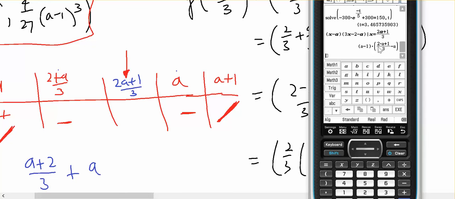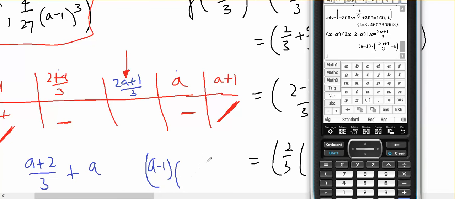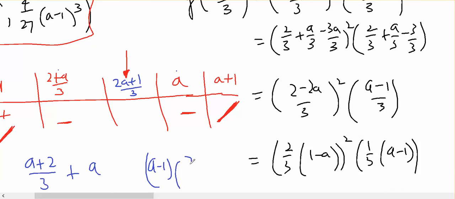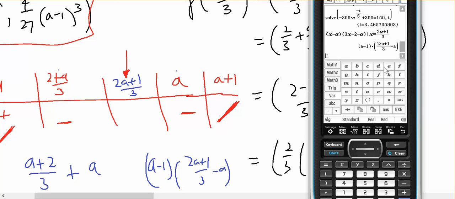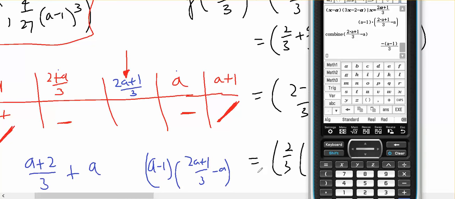And that gives me this expression, which is (a minus 1) times (2a plus 1 minus a). If I combine that bit, that gives me (negative a minus 1) on 3.